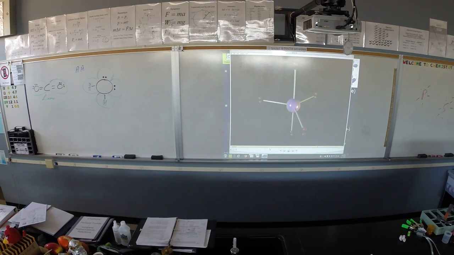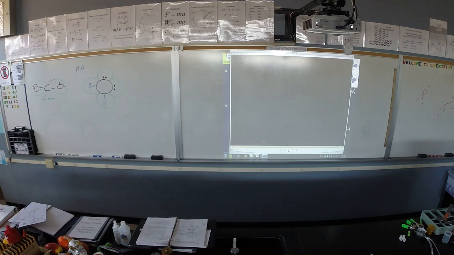The other 3 are found in the horizontal plane, separated by 120-degree angles. 6 electron domains are located along the X, Y, and Z axes at 90 degrees from one another. This arrangement is termed octahedral.